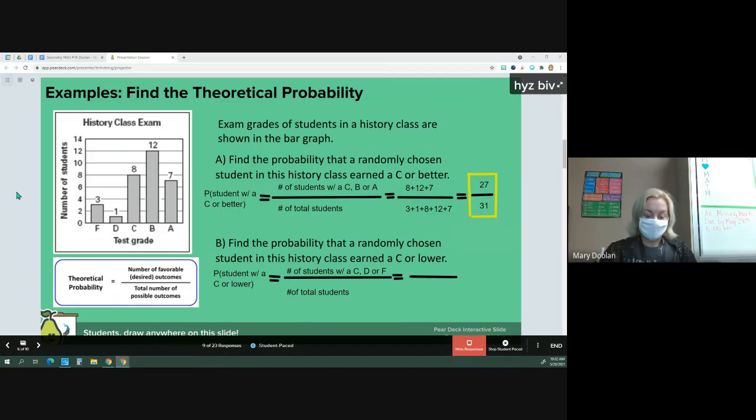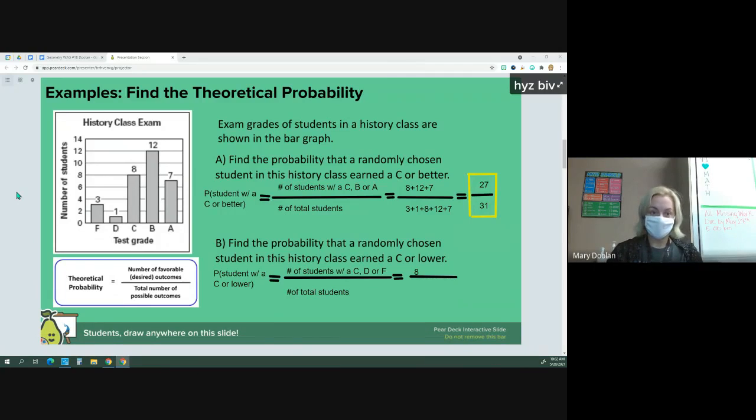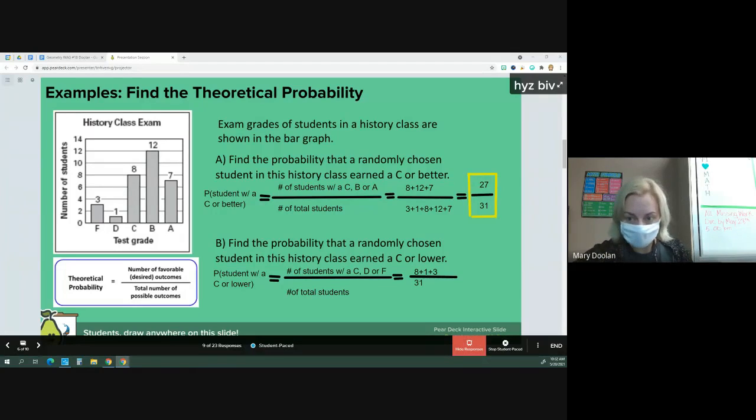Number of students with a C are 8. Number of students with a D are 1, and number with an F are 3. In the denominator, we've already added up the total number of students in the last question, so we could jump right to putting 31 in the denominator.